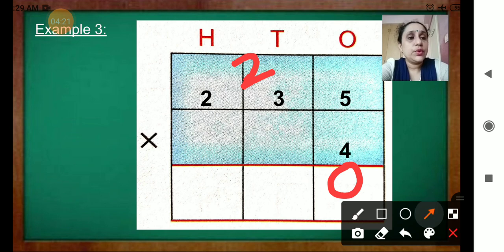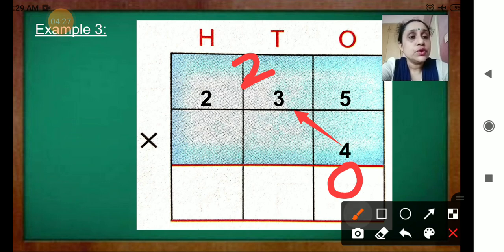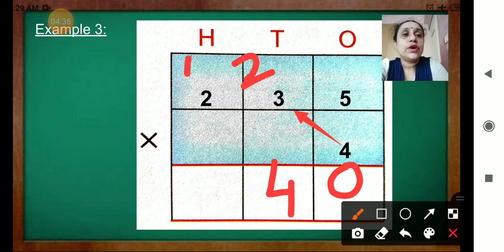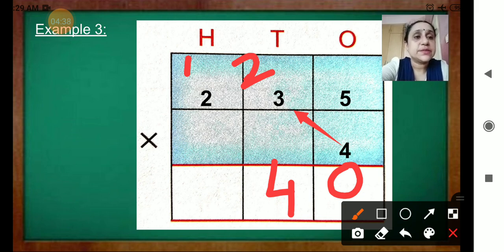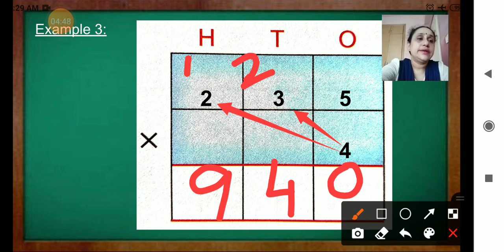Now what will we be doing? 4 threes are 12, and 12 plus 2, 14. So we will write 4 here and then again 1 will be carried over to the hundreds place. Now 4 twos are 8 and 8 plus 1, 9.